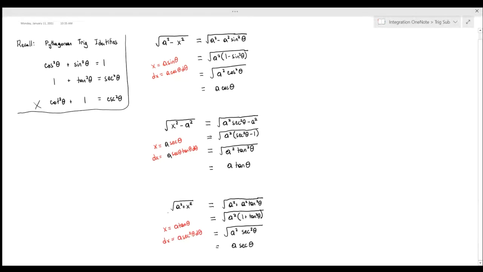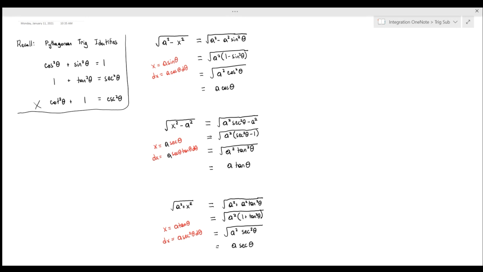And finally, if you have the square root of a squared plus x squared in an integral, if you make the change of variables x equals a tangent theta, then again, that will simplify fairly nicely. So that's the idea of trig substitution: whenever you have expressions like this one, or this one, or this one, then making one of these three trig substitutions could help in simplifying the integral.